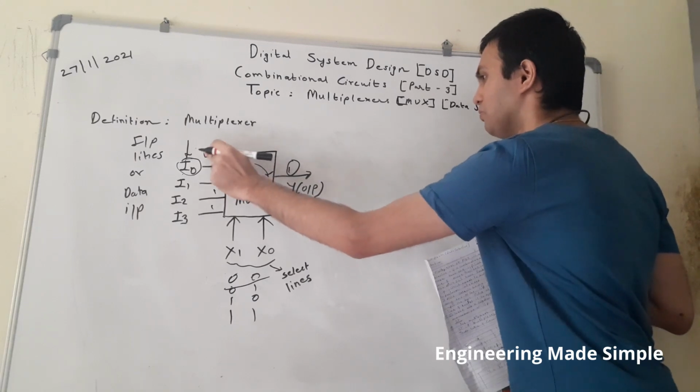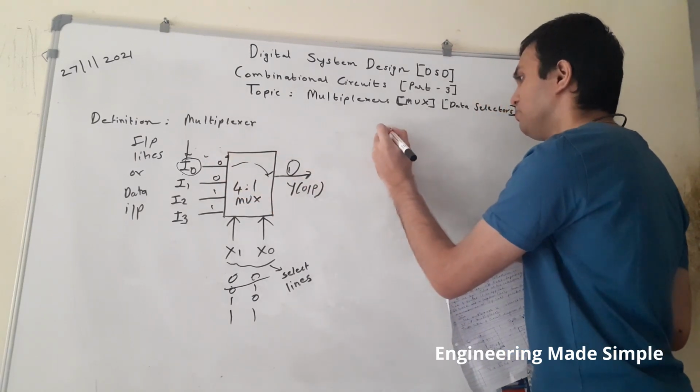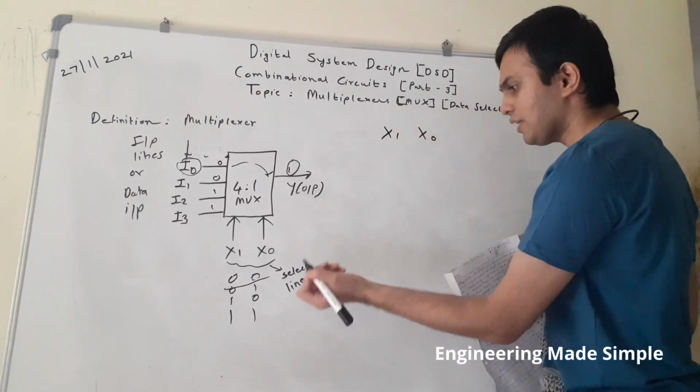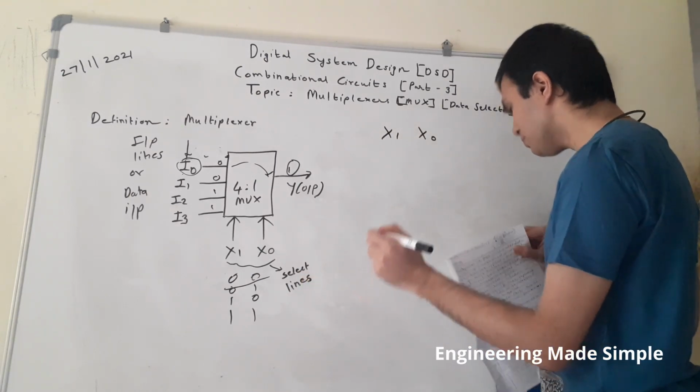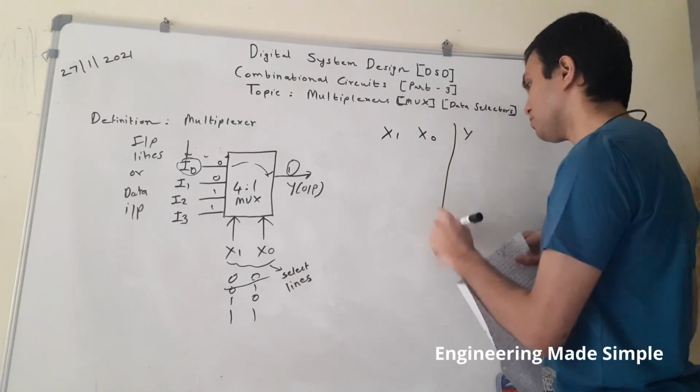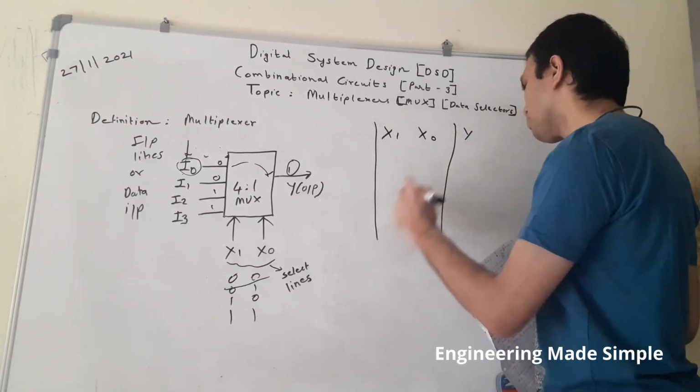Later on we will include the enable signal and what it does. So these are your select lines X1, X0, and depending on them the output is there. So this is your truth table of the 4:1 multiplexer.